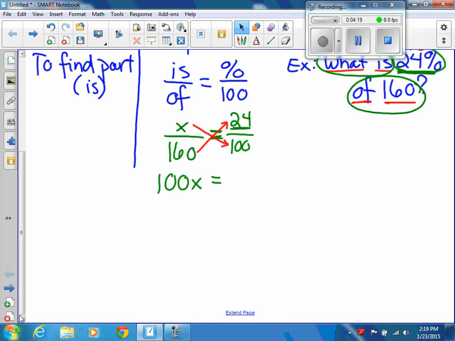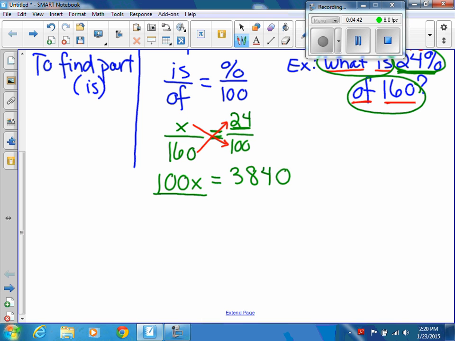And when I multiply that together, 160 times 24 gives me 3840. Okay, if you look at this now, we have an equation, and we can solve equations. We have to go back to our other unit to remember how to do this. I need to get rid of the 100.